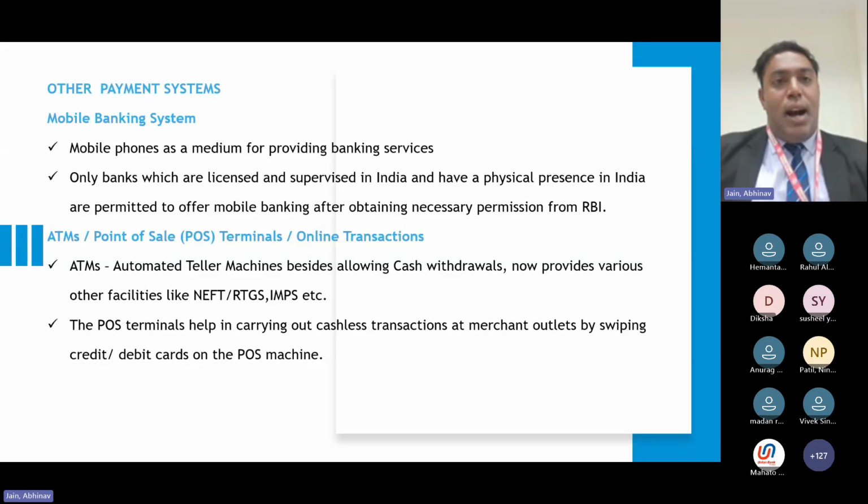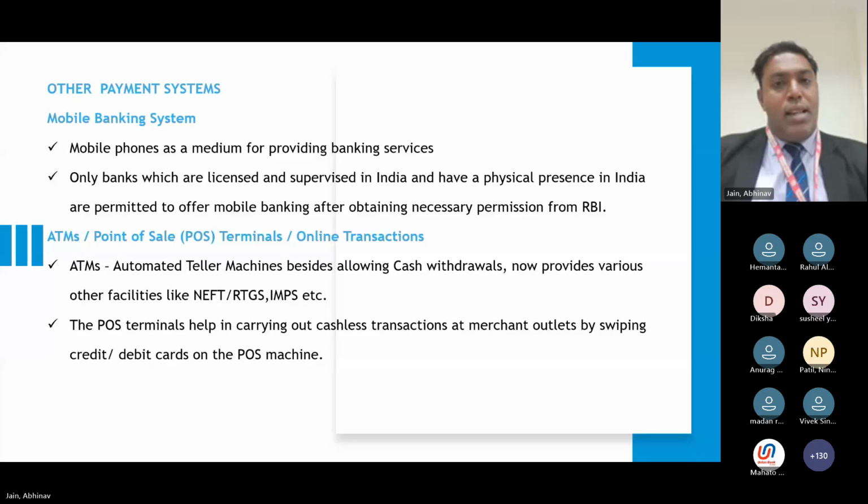As we discussed, other payment systems are also there, which are facilitating transactions and remittances, that are mobile banking, ATMs, POS transactions, as well as online transactions. These modes also play a significant role in remittances.